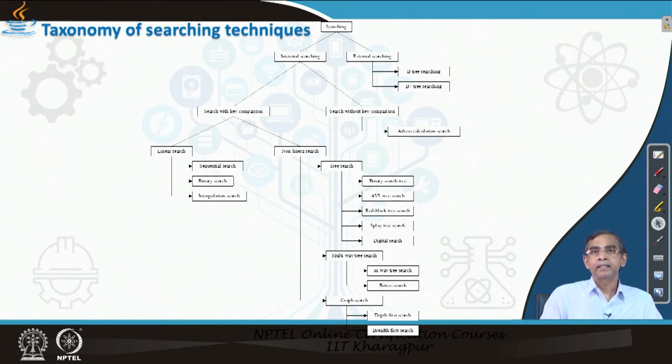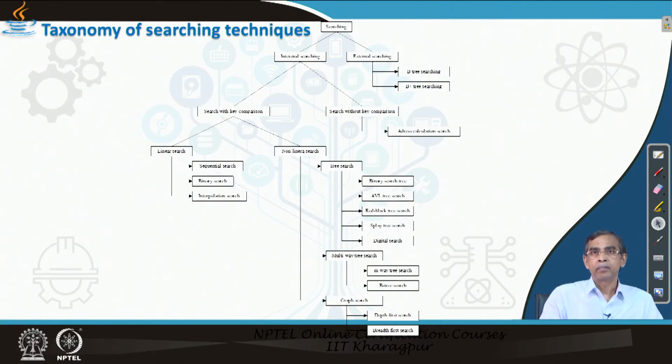There are many techniques belonging to linear search, namely sequential search, binary search and interpolation search, which are the three most important searching techniques belonging to linear search. In linear searching techniques, we usually store data in linear data structures. Linear data structure means maybe an array or linked list.